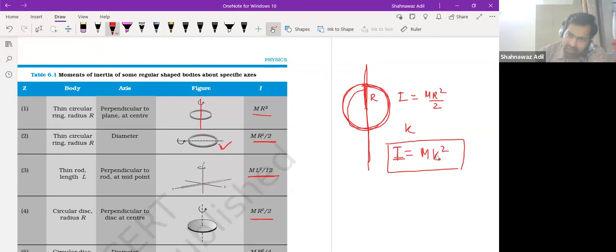Then that k is called the radius of gyration. It is the distance from the axis of rotation at which the moment of inertia equals the total mass times the square of the distance. Is that part clear?